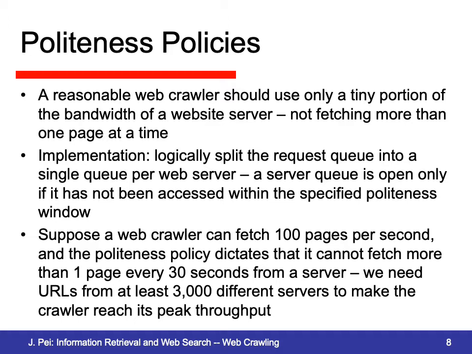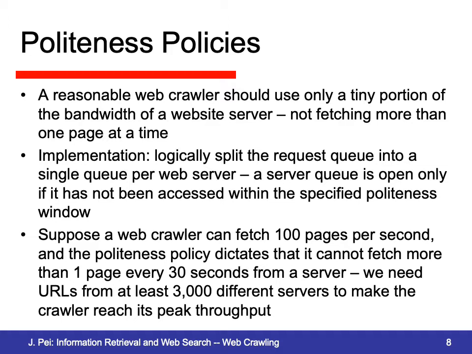However, this slow and polite crawling process may also lead to some challenges. Let's consider a web crawler that, say, can fetch 100 pages per second, not that fast. And the politeness policy says that it cannot fetch more than one page every 30 seconds from a server.